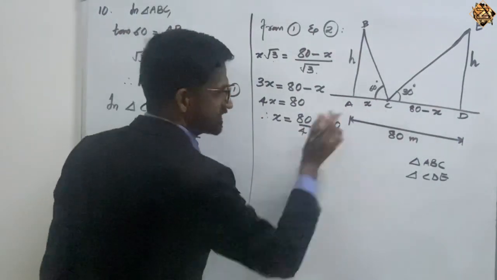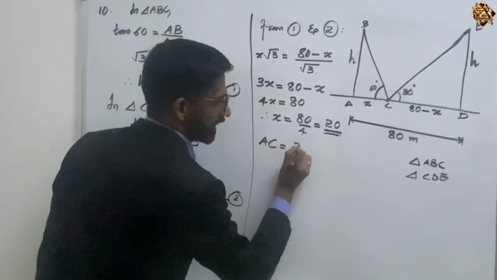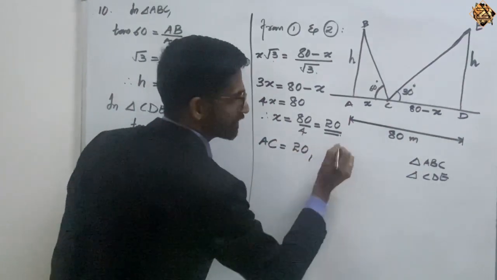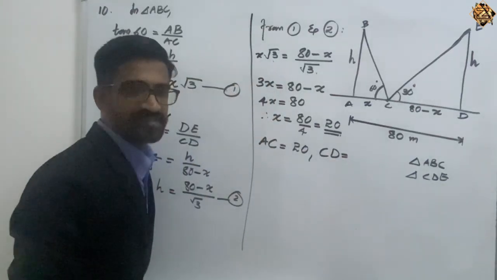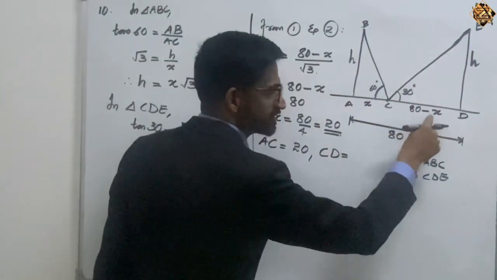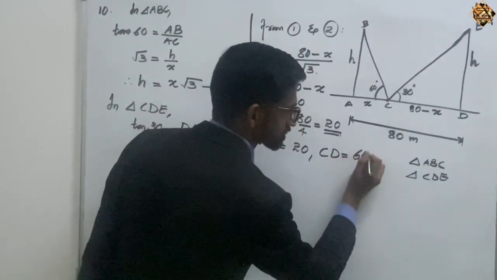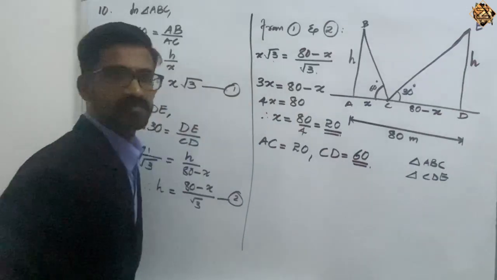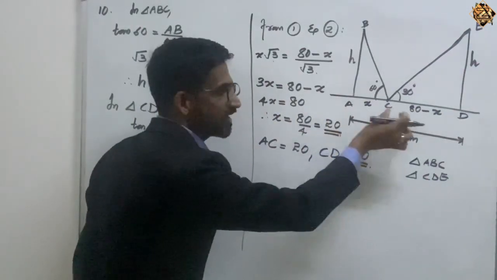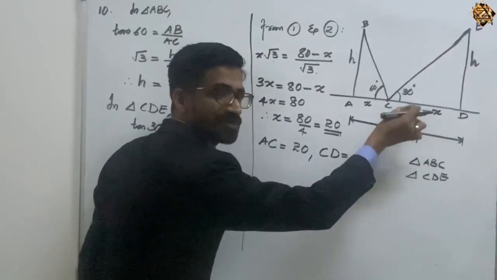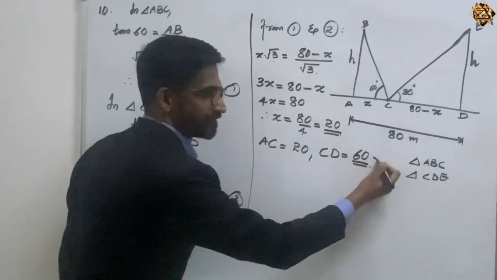So we got the value of x, it is 20. So we got AC equal to x, that is 20, and CD equal to 80 minus x, that is 80 minus 20, that is 60, isn't it? Hope it is clear.